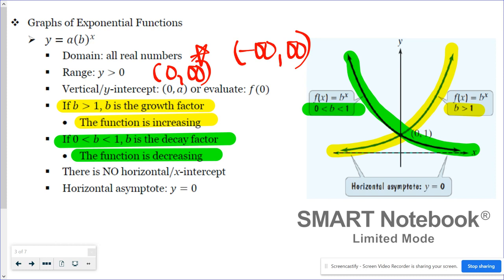In fact, because it never touches the x-axis, the horizontal asymptote is the x-axis and is given by the equation y equals 0. The y-intercept of our function is the point (0, a). A is the initial value of your function. This can also be found by evaluating f of 0.